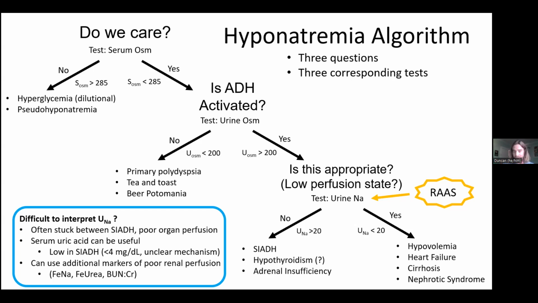And as for why the uric acid is very low in SIADH, the mechanism is unclear. You will oftentimes also see a very, very low BUN. I've seen BUN in the 7 to 8 range for people who have significant SIADH, and it's unclear exactly what that mechanism is.